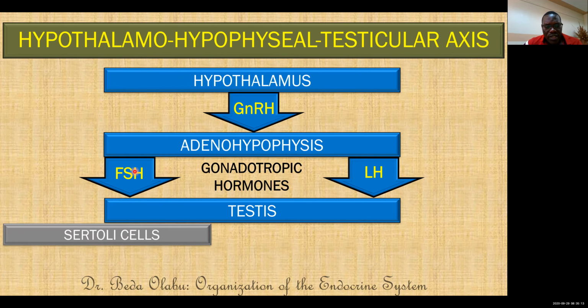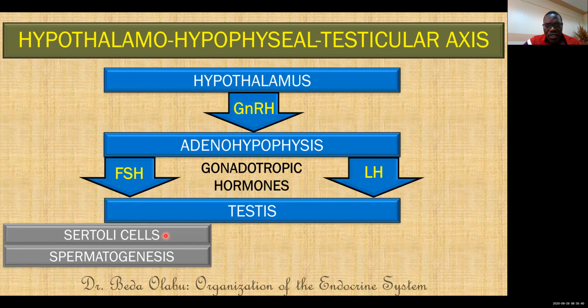Now, what does follicle stimulating hormone do to the testis? The target cells of FSH on the testis are the Sertoli cells. And the effect of FSH stimulation on the testis is spermatogenesis. So FSH promotes formation of spermatogenesis, which means that FSH actually targets the seminiferous tubules, the seminiferous epithelium.